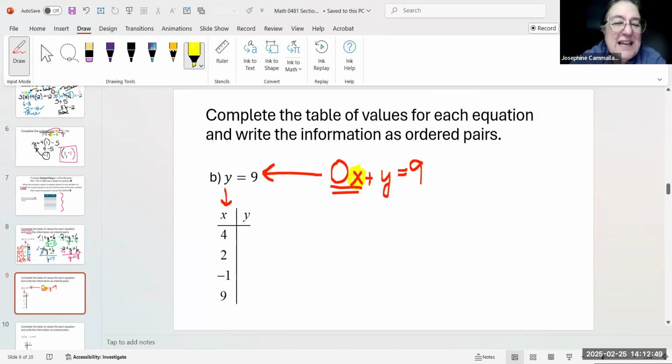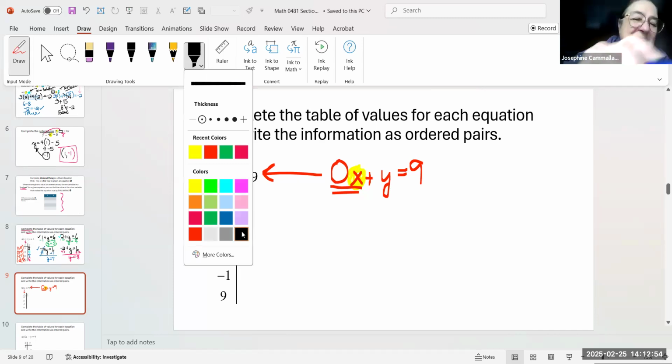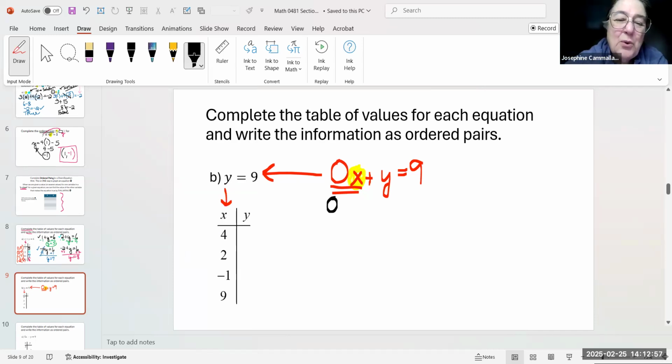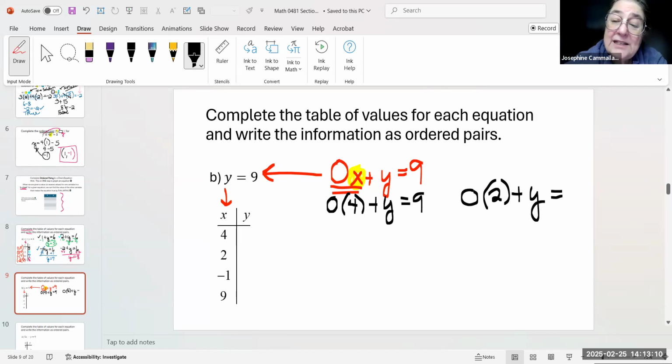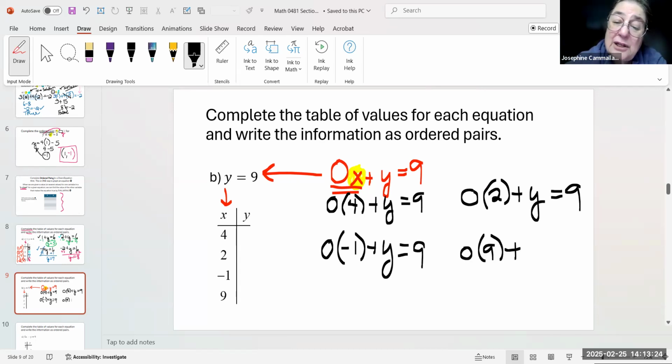Everything in that column is an x, which means I have 0 times 4 plus y is equal to 9. I have 0 times 2 plus y is equal to 9. I have 0 times -1 plus y is equal to 9. I have 0 times 9 plus y is 9.